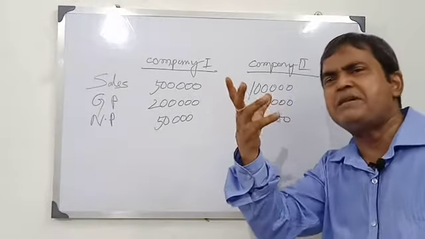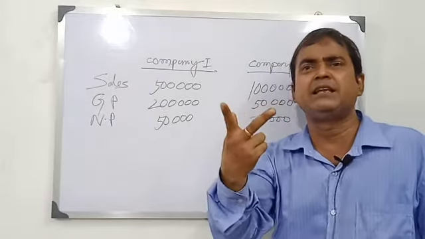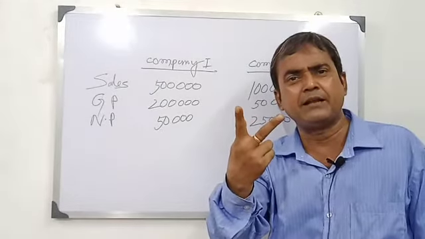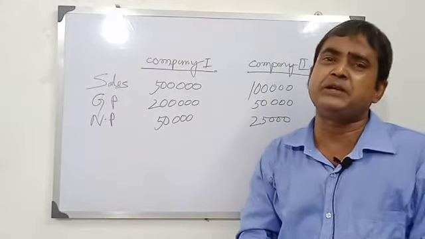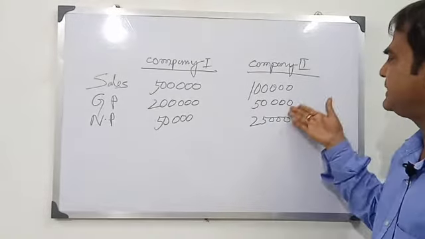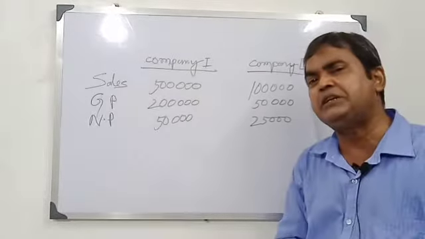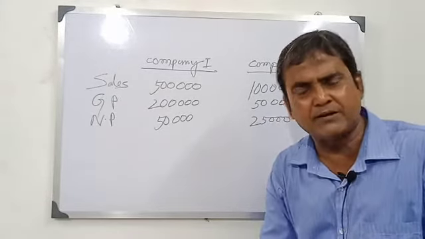Or in the same industry, we compare two companies or enterprises, then we can find which company is doing better. So simply gross profit and net profit will not tell you more precisely which is better.